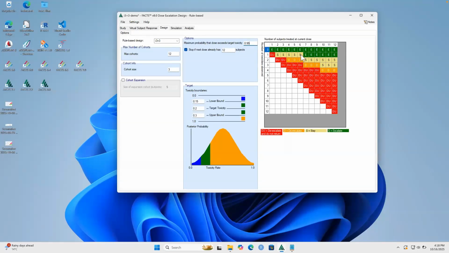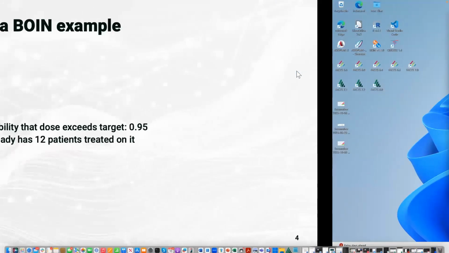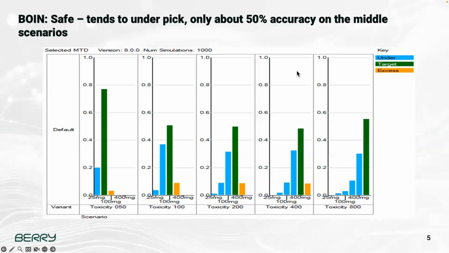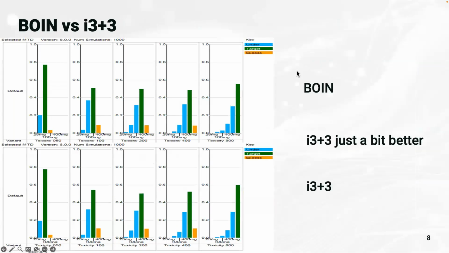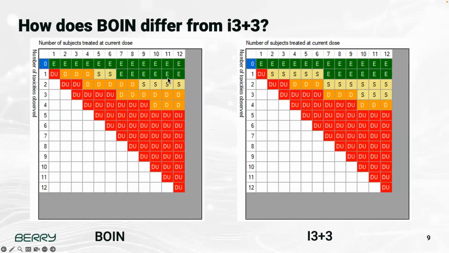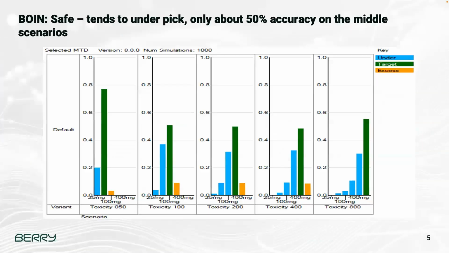You can see we've got a slightly different decision table here. We can see that here. That lays out the BOIN table versus the I3+3 table. So these two very similar methods will end up with slightly different behaviors.